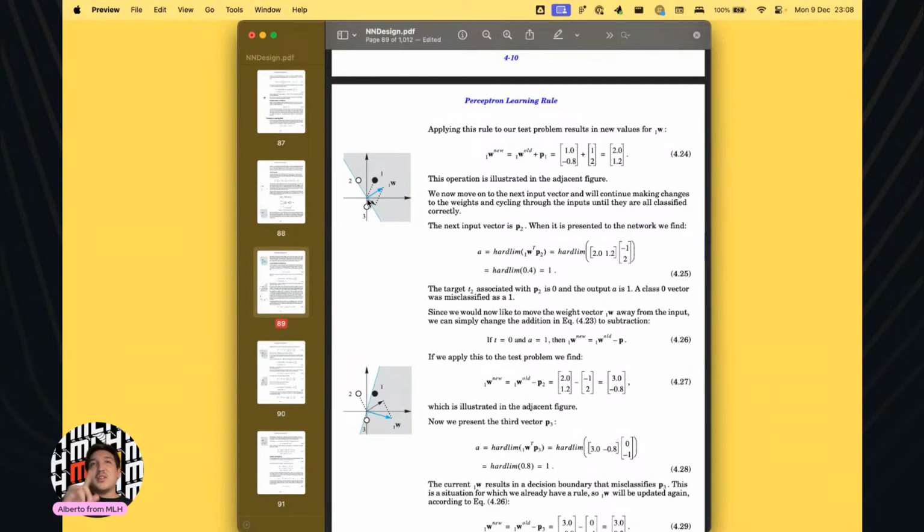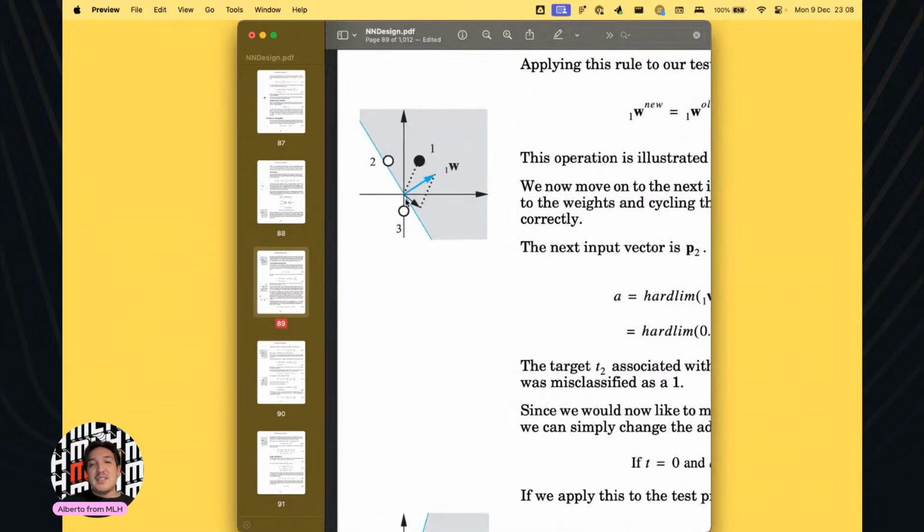So you start with your weight matrix pointing in any direction, and you check that you missed. If you missed the classification point you're looking for, you add it.